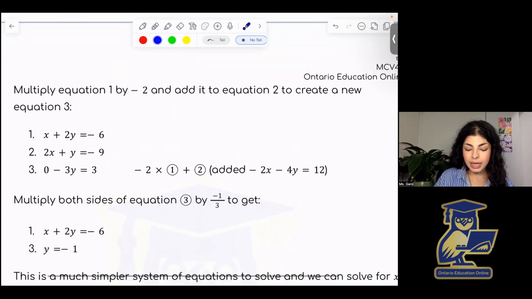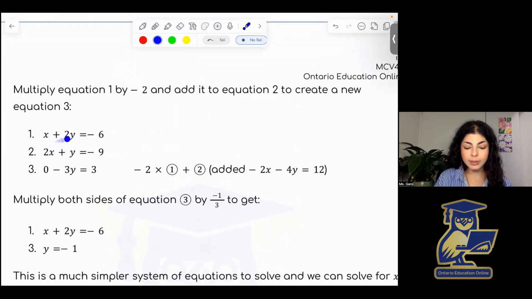So really, the -2 multiple of x plus 2y is equal to -6 is -2x, -4y is equal to 12. Now, I hope you can see that adding this to 2x plus y equals -9 will actually eliminate that x term. So I end up with equation 3, which is 0 minus 3y is equal to 3.